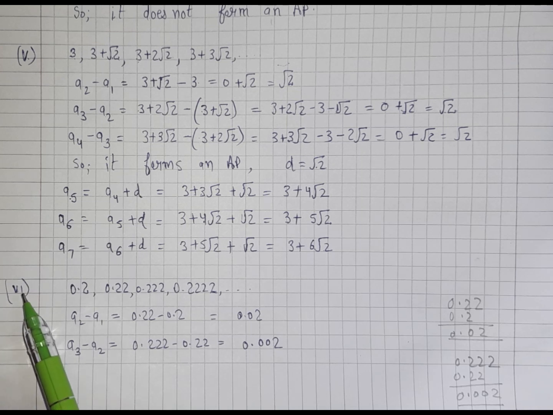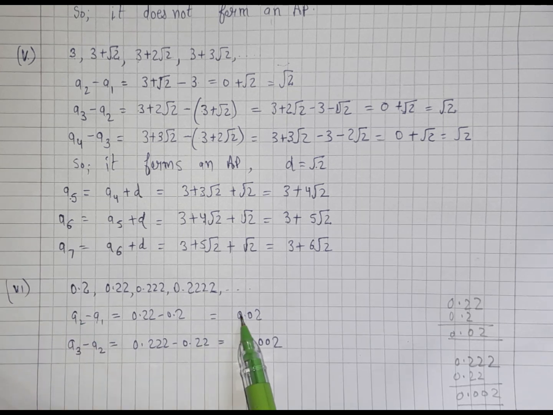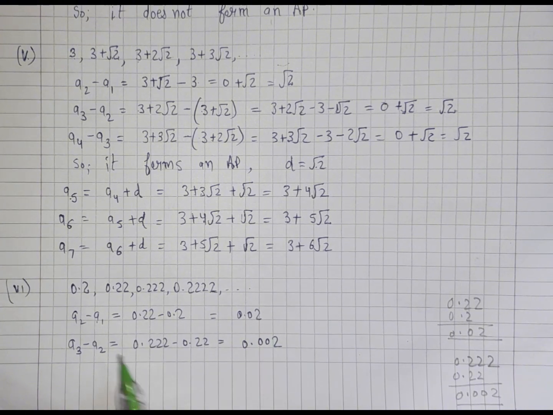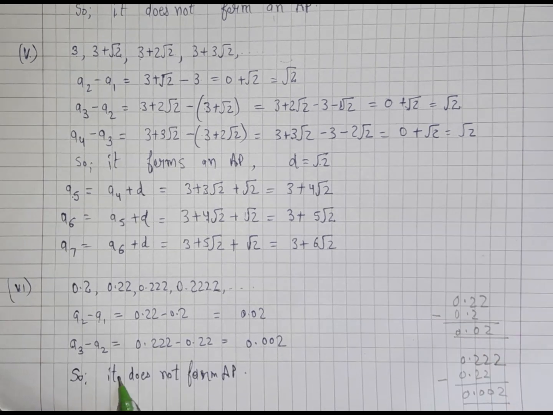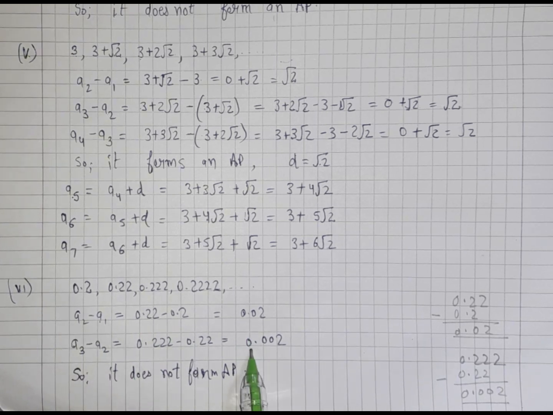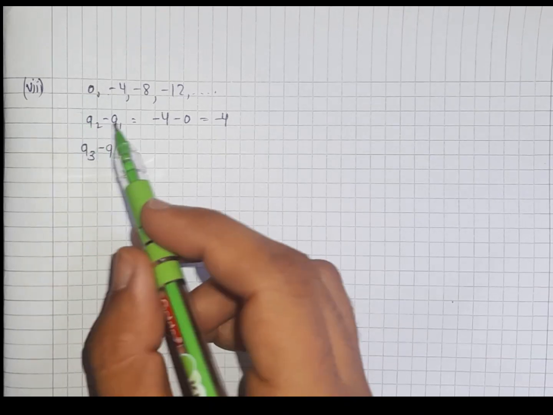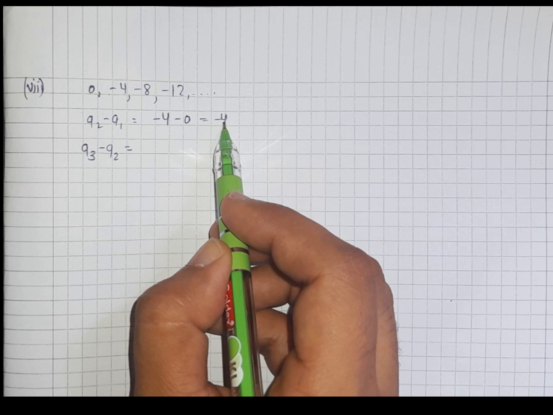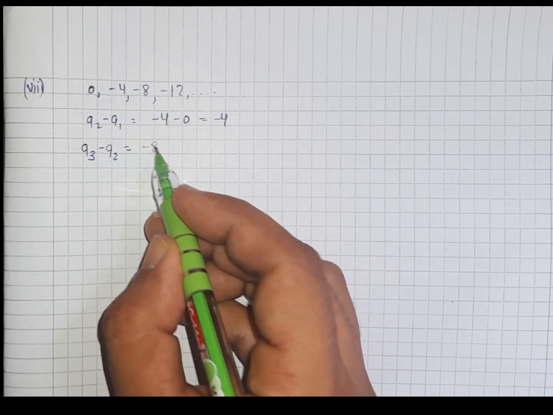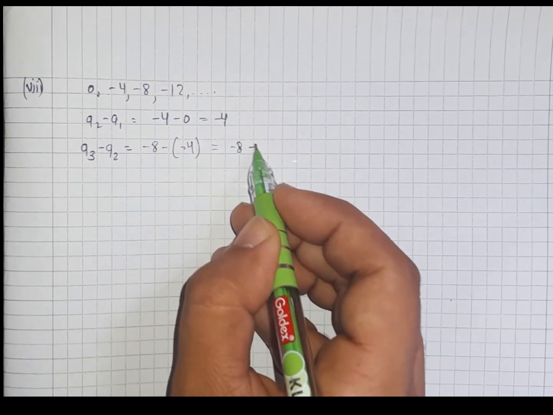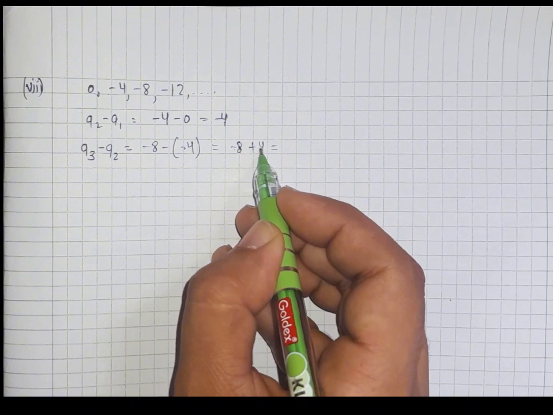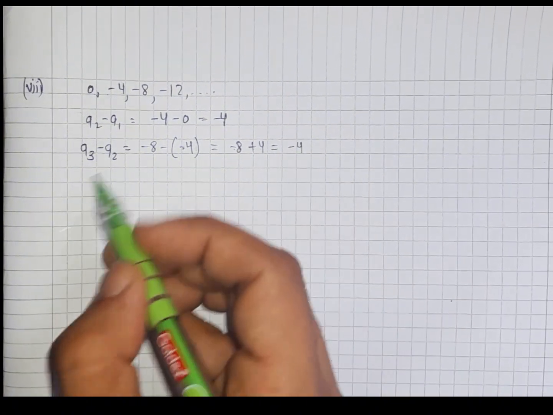In the sixth part, A2 minus A1 equals 0.02 and A3 minus A2 equals 0.002. So it doesn't form an AP because the difference between each consecutive term is not same. In the seventh part, A2 minus A1 equals minus 4, A3 minus A2 equals minus 8 plus 4 equals minus 4.